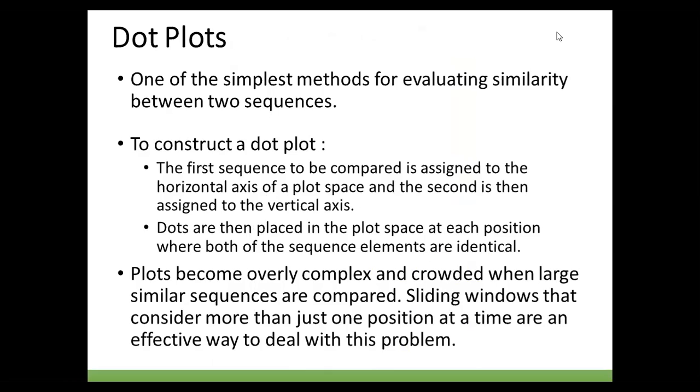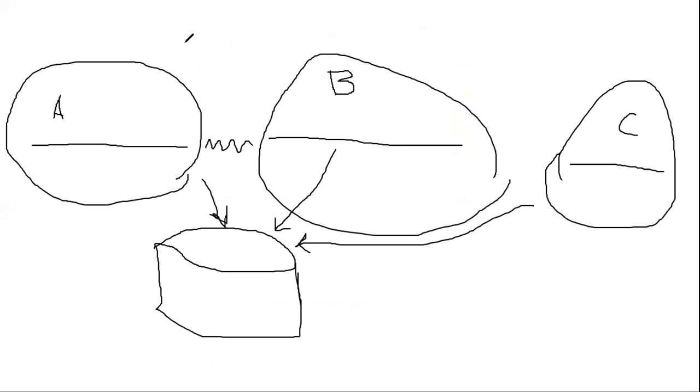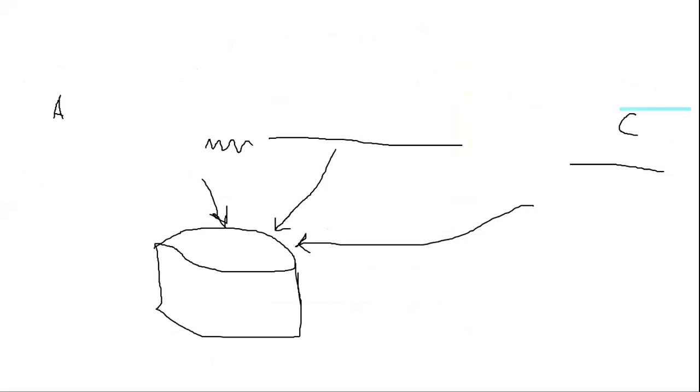So let me draw one for you. It's quite difficult to draw, but I'll try. Here you can see A, T, T, G, T, A, G, G.